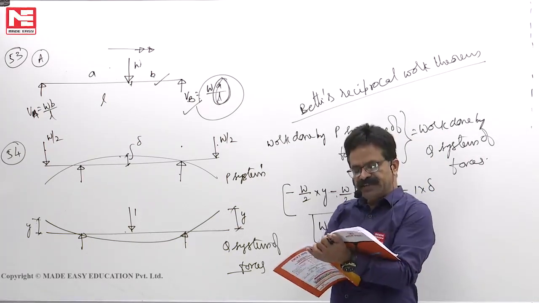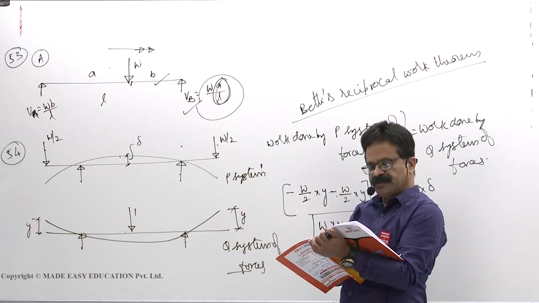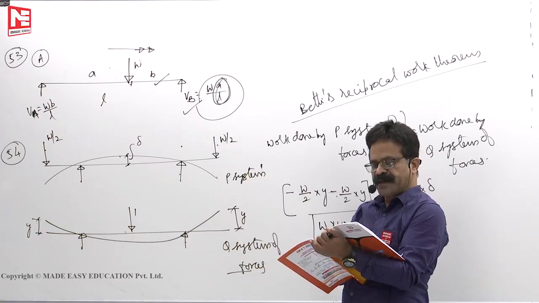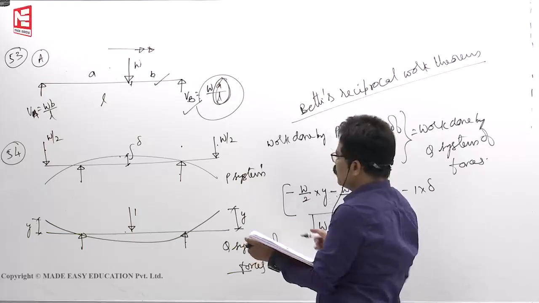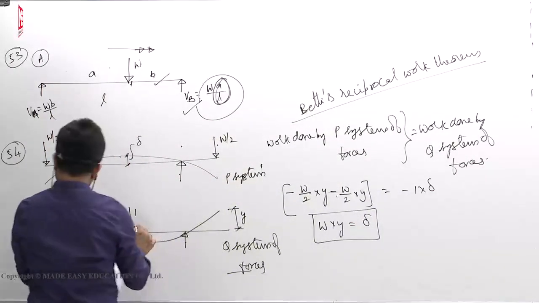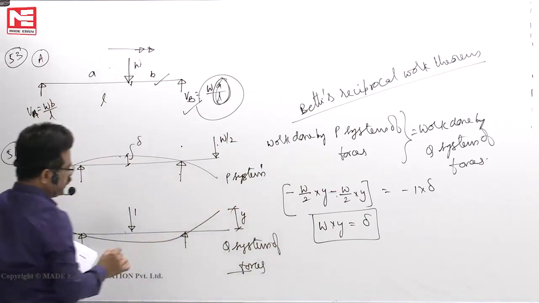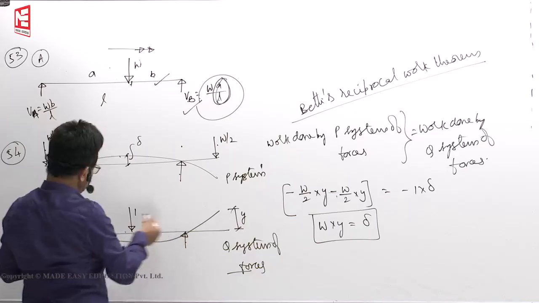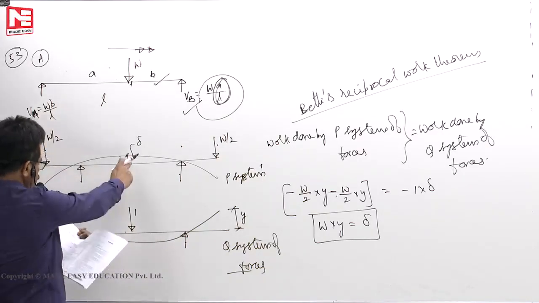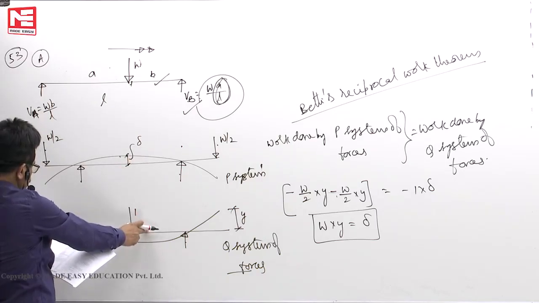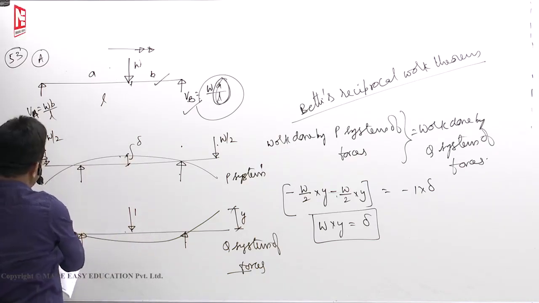Reason: the equation for the unknown deflection delta from the influence line diagram for deflection at midspan is delta is equal to W into Y. So this is the ILD, let us say. If I take the ILD like this, it also looks like the Q system of forces, the same.